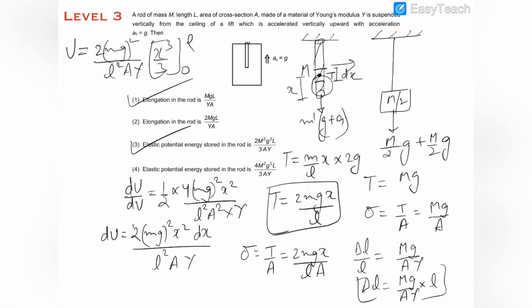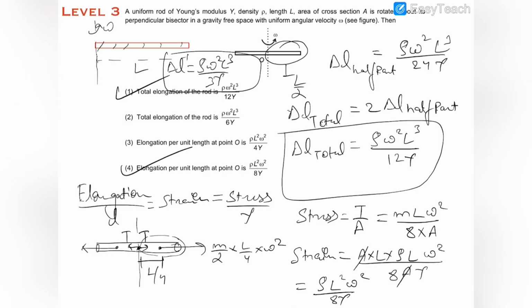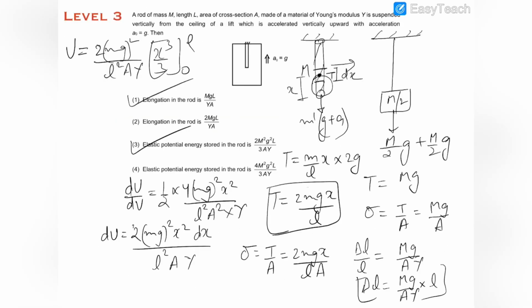So let us assume that the rod is rotating about the central axis and therefore the total extension, L is the length of the rod. So the total extension produced in the rod will be this one, x is equal to rho omega square L cube by 12 gamma.